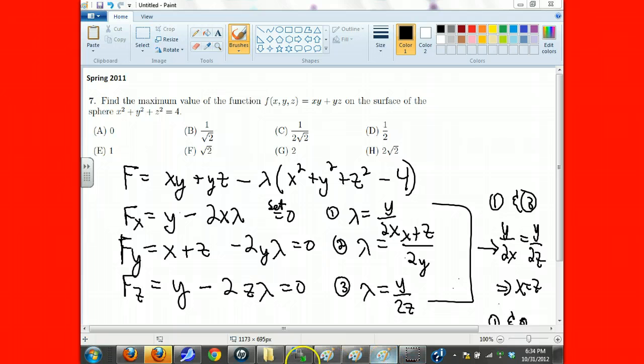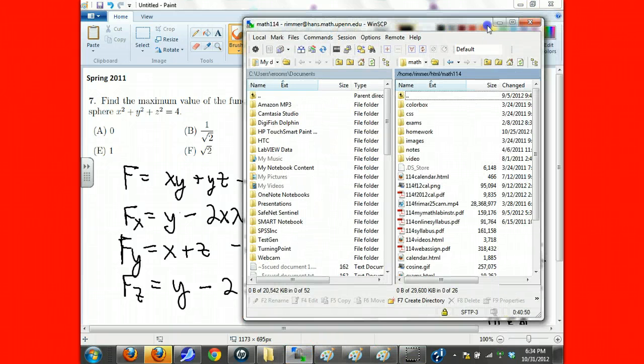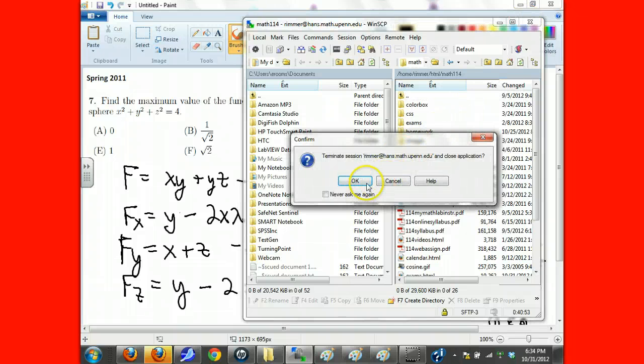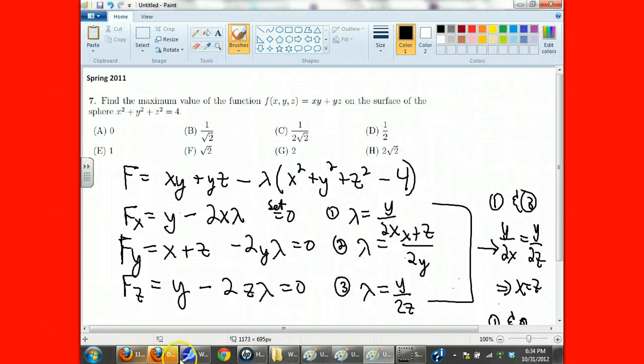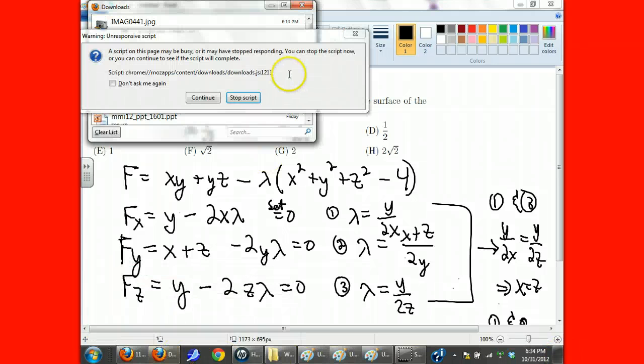Let's get rid of some of this bloat. If I could find my mouse. Oh, there we are.